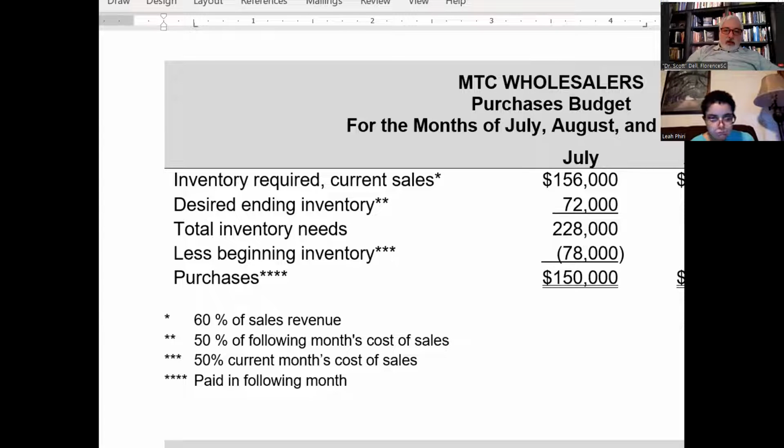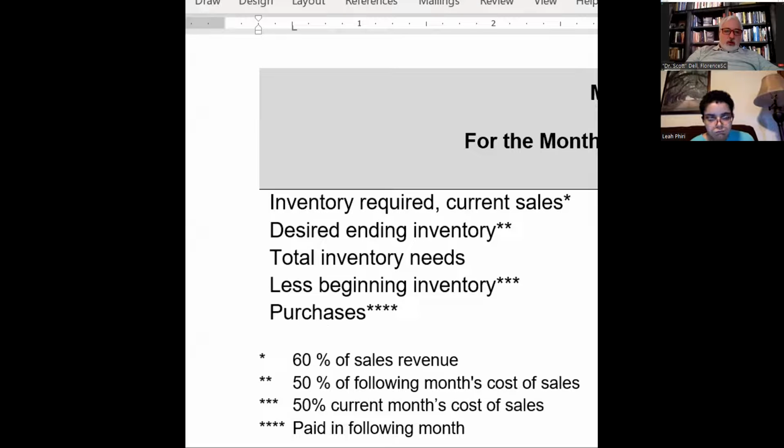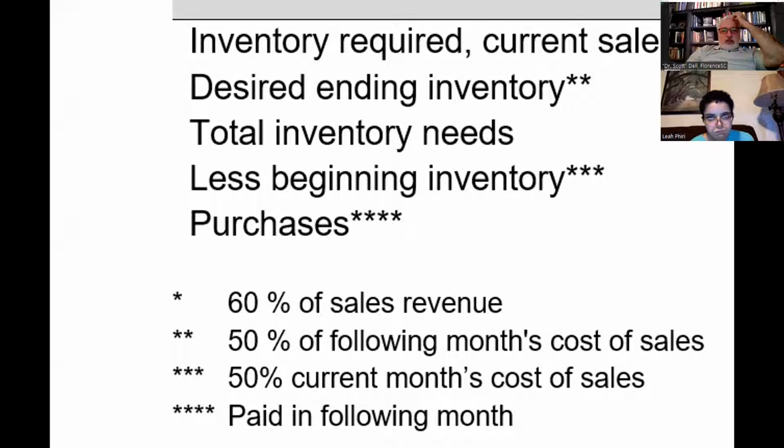I want to look at my simple spreadsheet with these categories. So we have the inventory required based on current sales. We have desired ending inventory, total inventory, less beginning inventory, and determine how much we need to make in purchases.